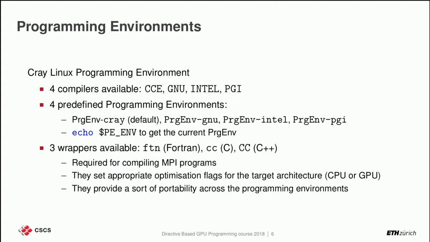Those wrappers take care of setting the correct optimization flags for the target architecture, also linking with the correct libraries and so on and so forth. They are also required for MPI programs, because MPI is the Cray implementation of MPICH, and there's no such thing as mpicc or mpicxx. It's just cc or CC.